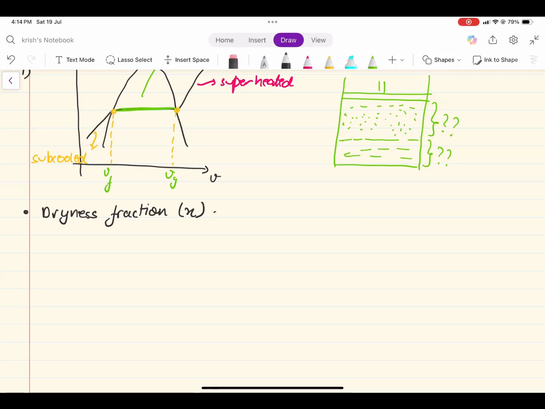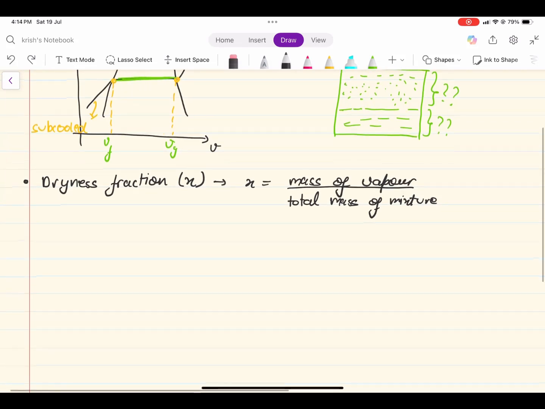So dryness fraction is defined as mass of vapor by total mass of mixture. So this mass, the mass occupied by the vapor upon the total mass of the mixture, will give us the dryness fraction. Clearly, if we multiply it by 100, this will give us a percentage, right?